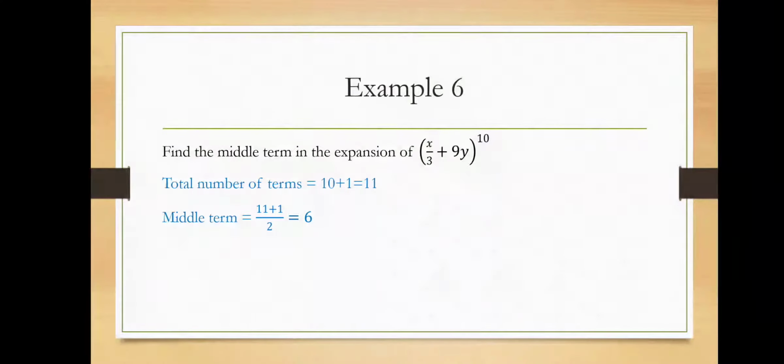It will be basically n by 2 plus 1, or rather (11 plus 1) by 2. You can do it in all the possible ways, and so therefore it is this. So just do your calculation and you will get it right.